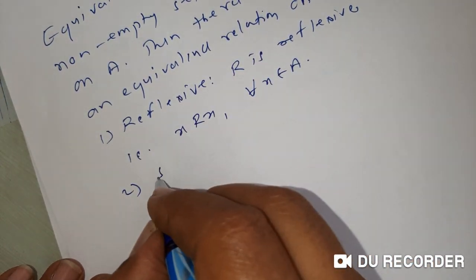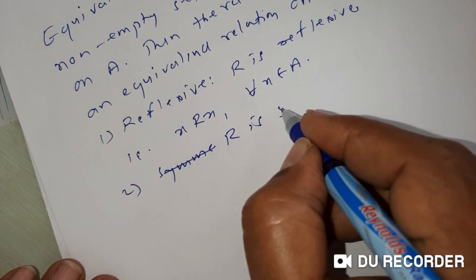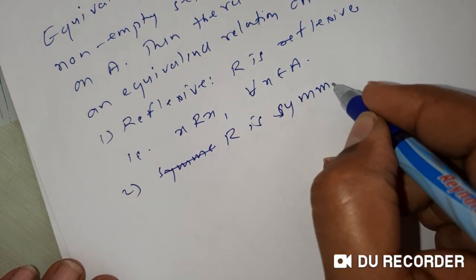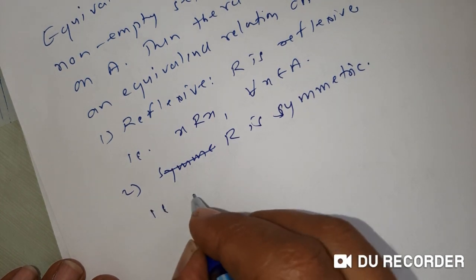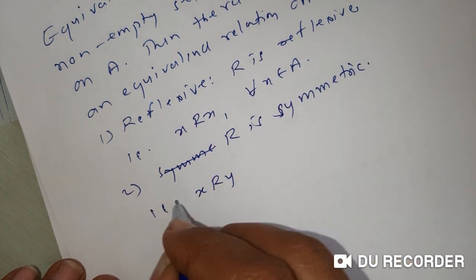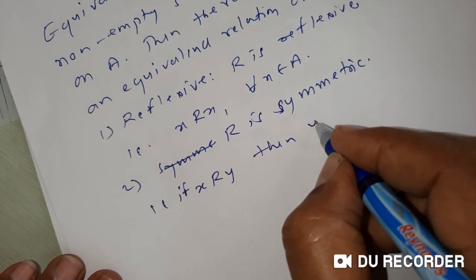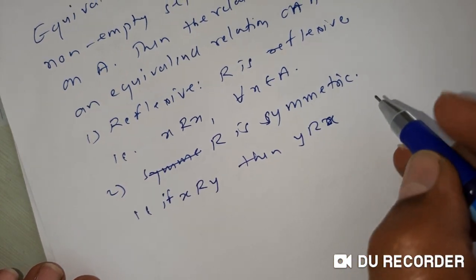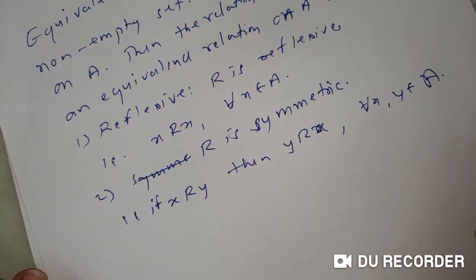Property number 2, R is symmetric. That is what? If x is related to y, then y is related to x, and this is true for all x and y belongs to A.